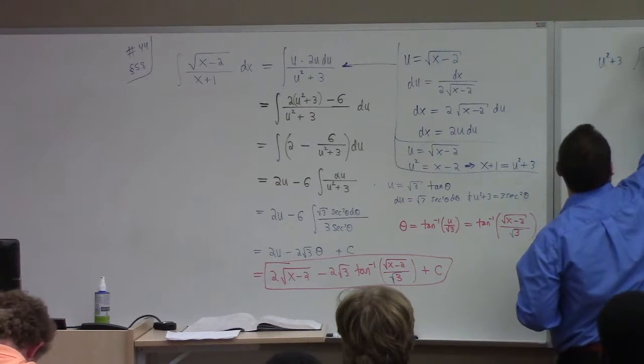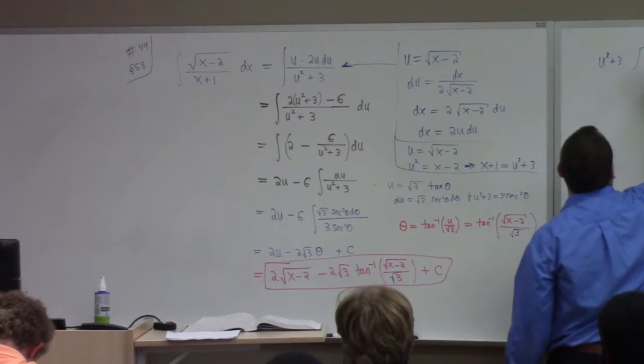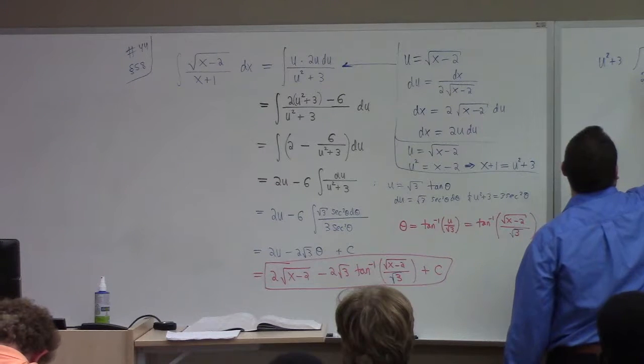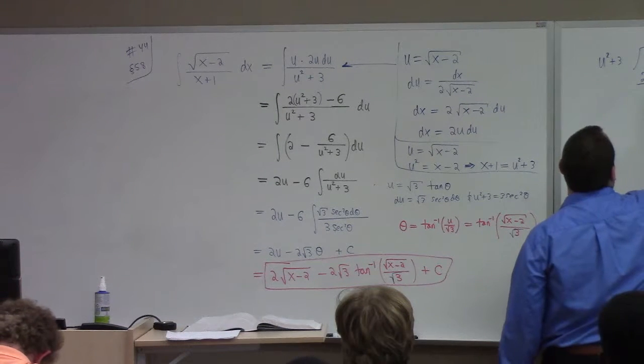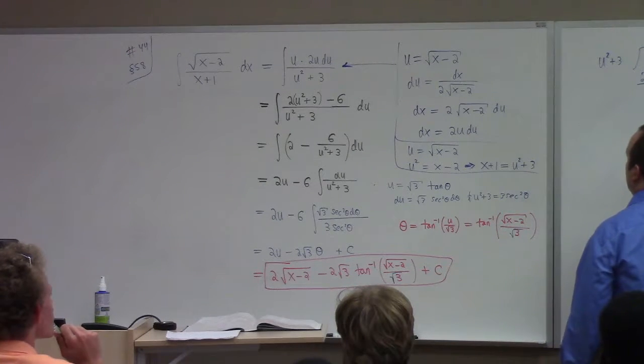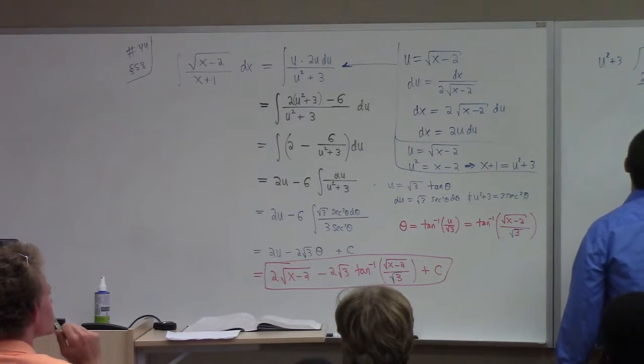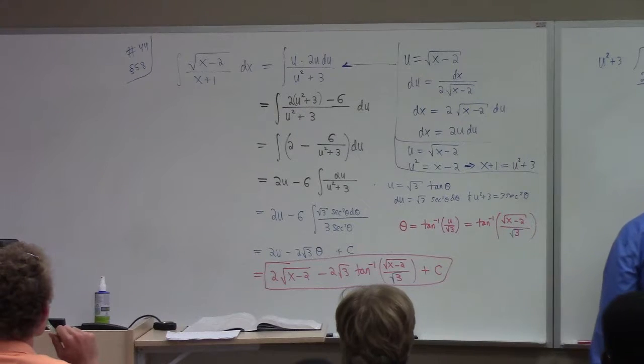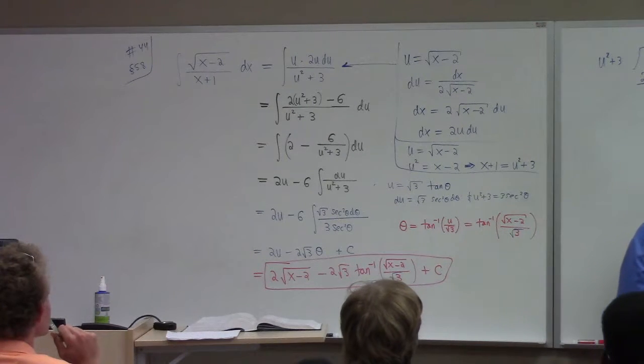So I go 2. And that brings me to u squared plus 6, and then I'm like minus 6. Oh, okay, done. So that shows me that 2u squared over u squared plus 3 is equal to 2 minus 6 over u squared plus 3.